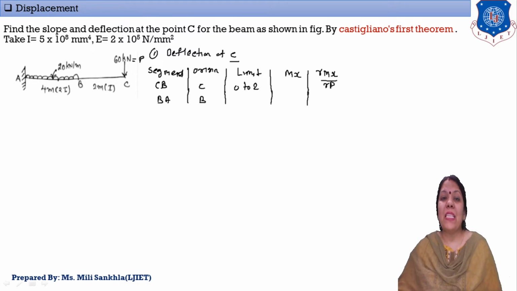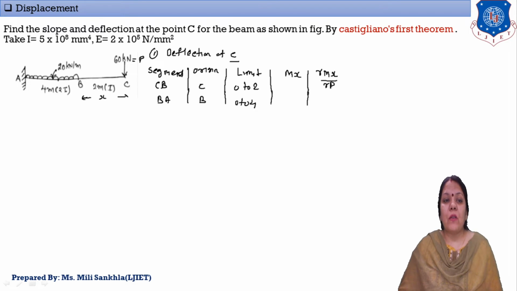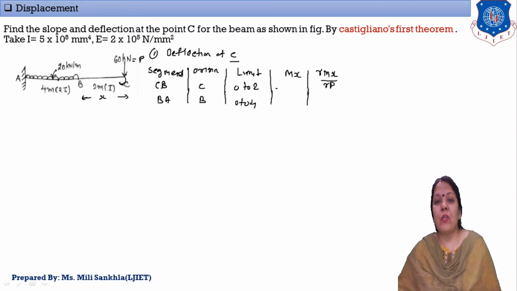And for the BA segment, again our origin point is B, so the limit is 0 to 4. Now to make the equation of each segment, consider a distance x. For the first segment CB, consider x. So P into x, and this is a right hand side clockwise moment, minus. So the equation of moment is equal to minus P into x.